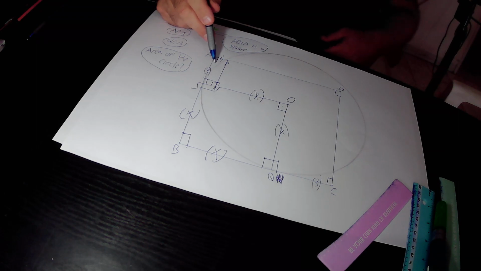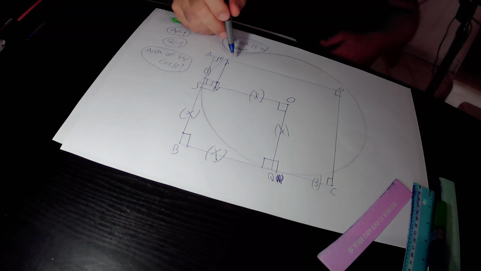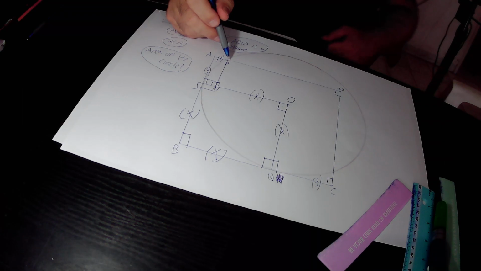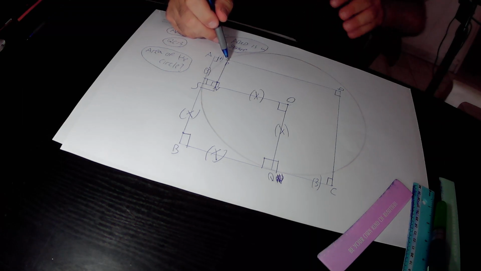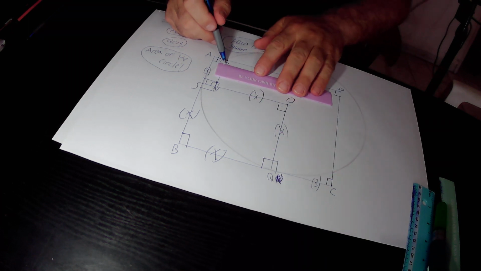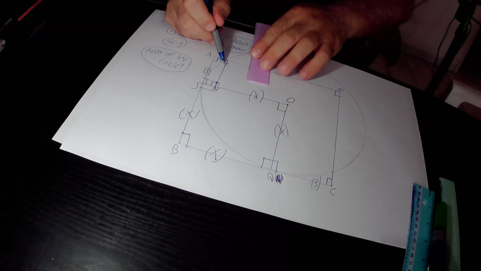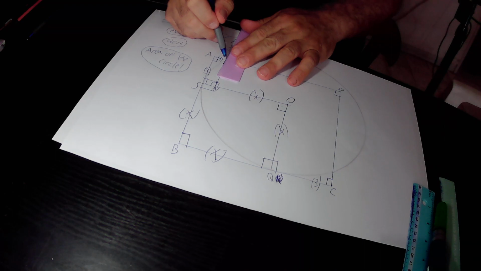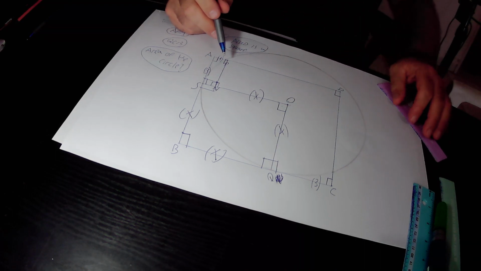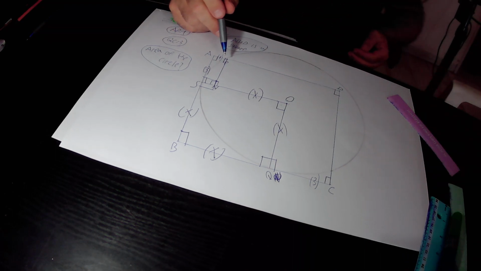The sum of 3 right angles is 270 degrees, so 270 degrees plus the size of this fourth missing angle must equal 360 degrees, according to the rule that the sum of the angles in any quadrilateral is equal to 360 degrees. Therefore, this fourth angle must be equal to 90 degrees. So inside the small quadrilateral APSN, we have 4 right angles.